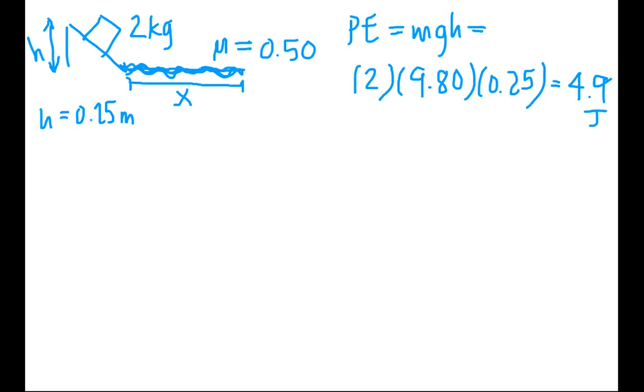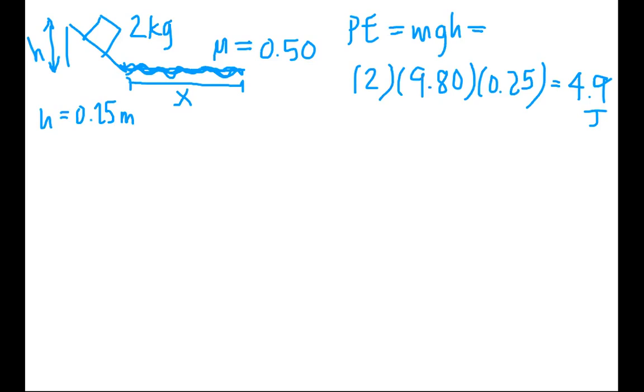So now that we know how much energy is at the beginning of the problem, what's the next step you think we need to look at? Well, as it's sliding down the ramp before it reaches the friction horizontal surface, it would technically still have potential energy, but it would also have kinetic energy, right?